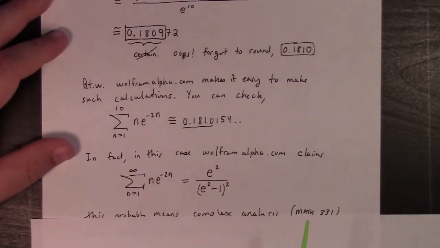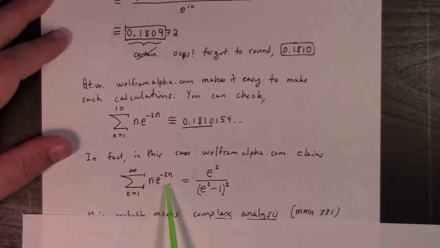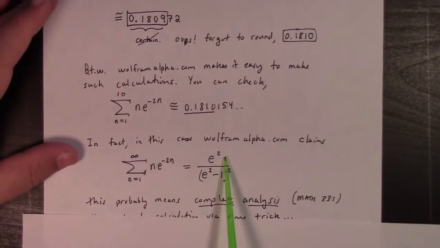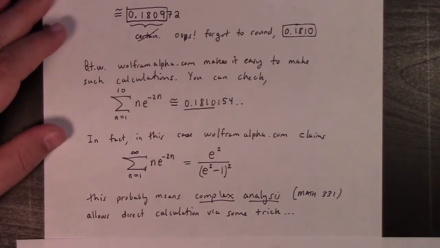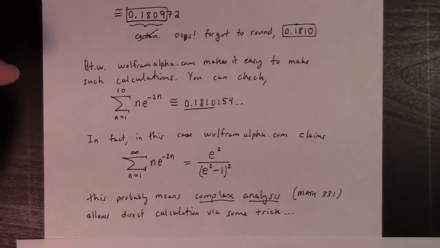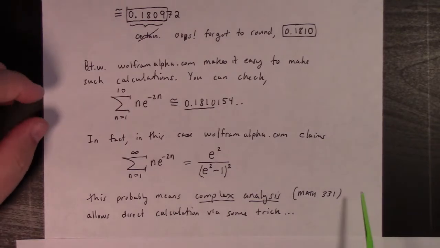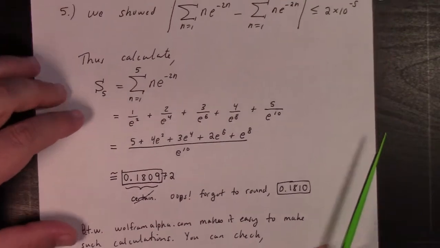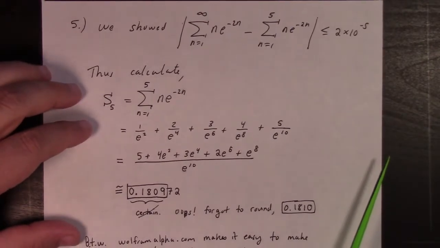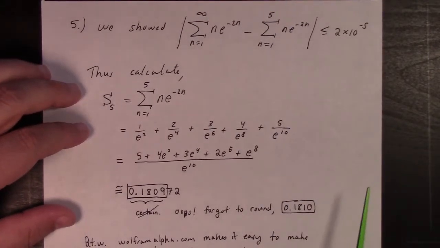In fact, Wolfram Alpha claims that the totality of the series works out to e squared over (e squared minus 1) squared, but that probably means complex analysis, also known as Math 331 at Liberty, allows direct calculation. Anyway, here are the tools we can use to estimate series to a desired accuracy.